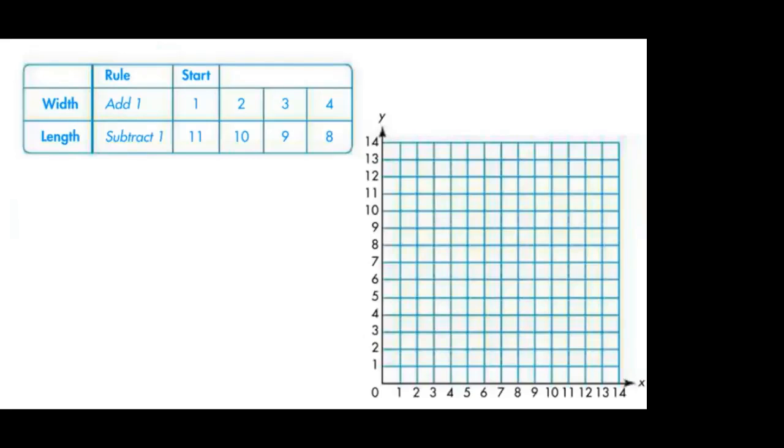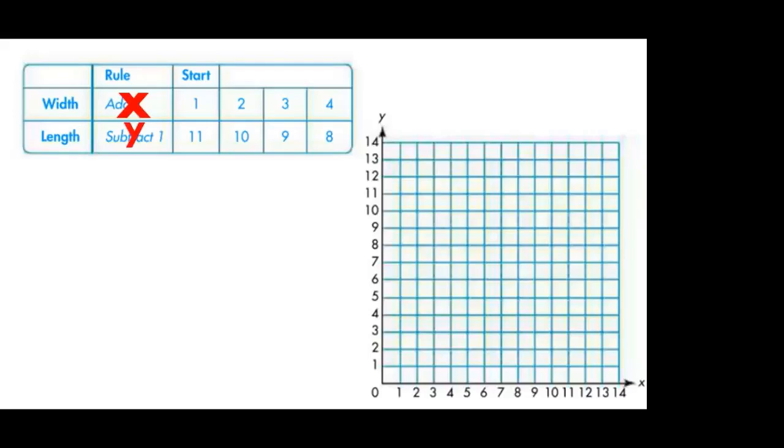Okay, select first, as you were told in the problem, x for width and y for length. So my ordered pair is now ready according to each column in the table. So I'm going to take each one and find the ordered pair of each point.